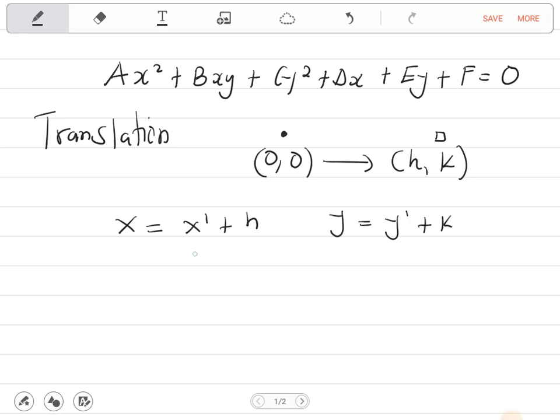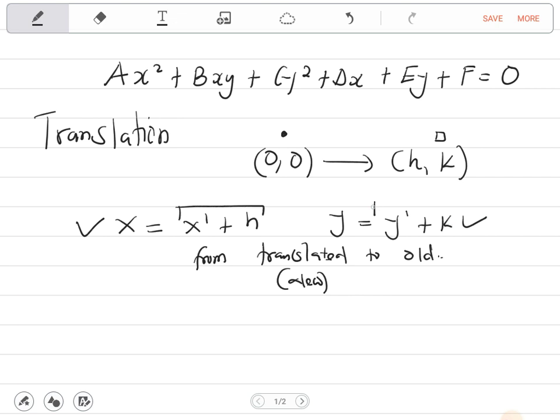This one is when you are moving from translated to old, or in short I would say from new to old. You use this whenever you're moving from new to old. It means while there's x, you'll have to substitute this, and while there's y, you have to substitute that. Simple as that. So now, let's look at an example.